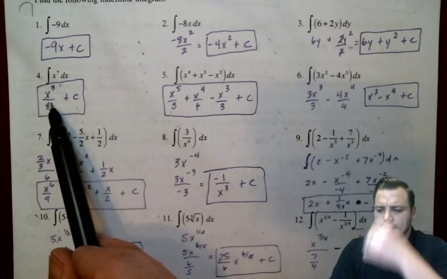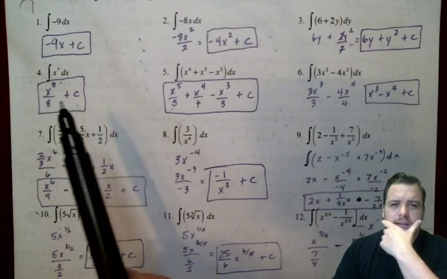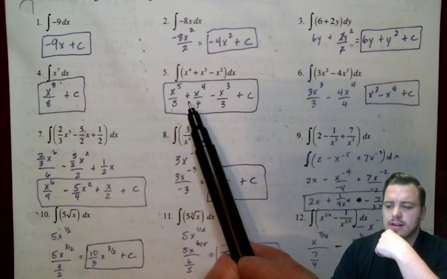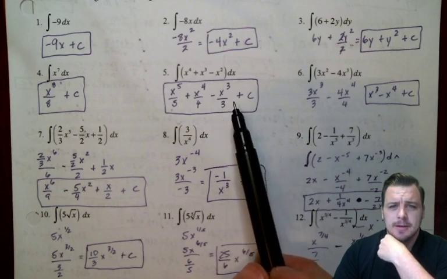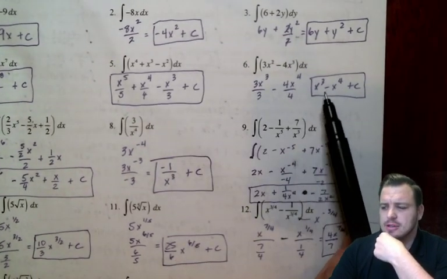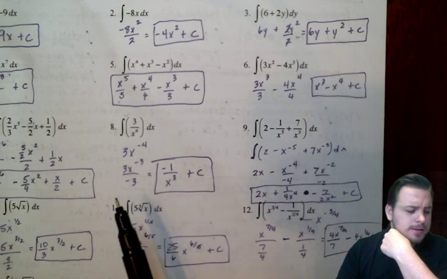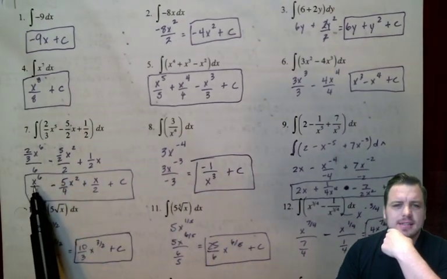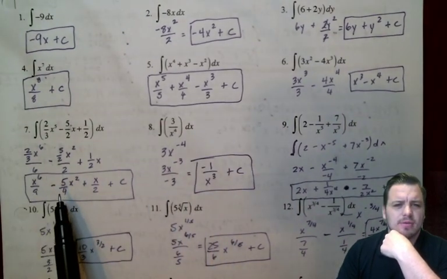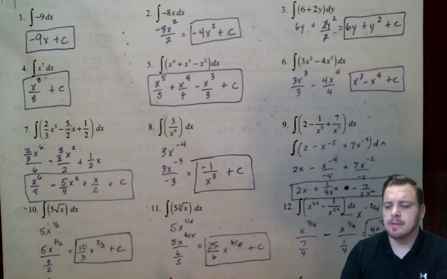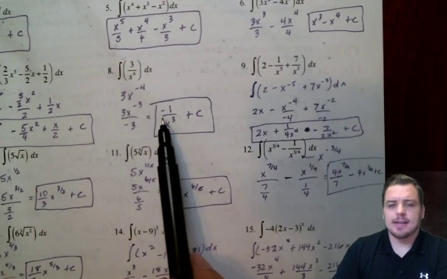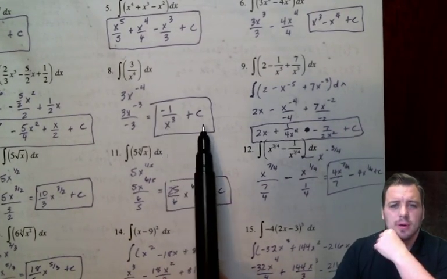Number 4 is x to the 8th over 8 plus c. 5, x to the 5th over 5 plus x to the 4th over 4 minus x cubed over 3 plus c. 6, x cubed minus x to the 4th plus c. 7, x to the 6th over 9 minus 5 over 4 x squared plus x over 2 plus c. Number 8, negative 1 over x cubed plus c.